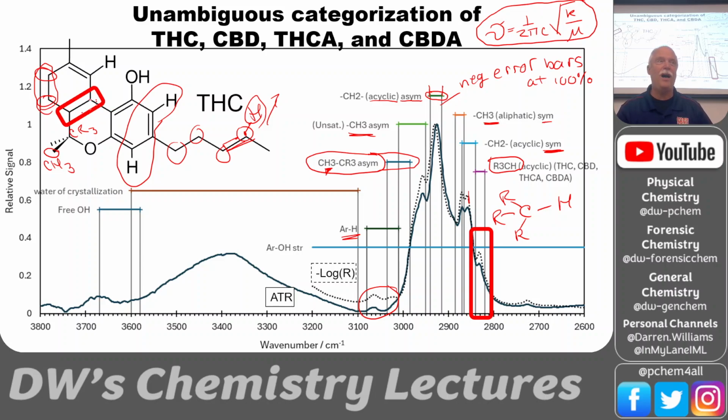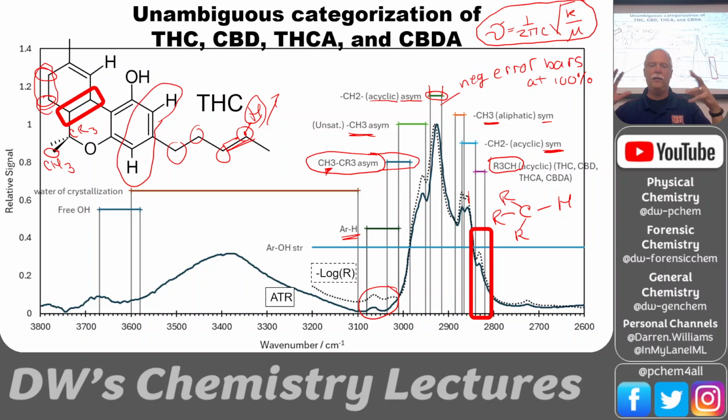We don't see any double bonds, and I only see 3 bonds, and so the 4th bond is to a hydrogen. And so that's an R3CH, and again, it's going to have a different force constant than a CH2 or a CH3. And so that shows up here, and we see that tiny little peak. Now that's a good one because only 4 out of our 7 compounds, THC and CBD, have those, and the other 3 don't. Okay.